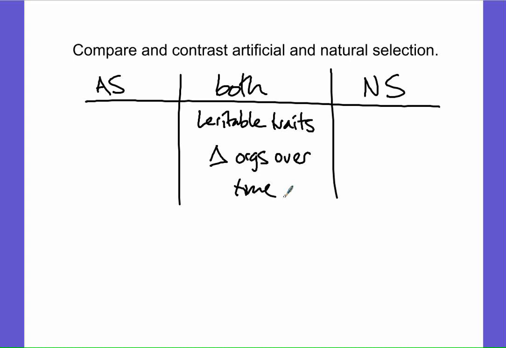Artificial selection, again, humans select those traits here. That's why it's actually faster, because we can make sure that the breeding occurs that needs to occur to pass that trait on. Whereas on the other column in natural selection, it's actually the environment that selects.